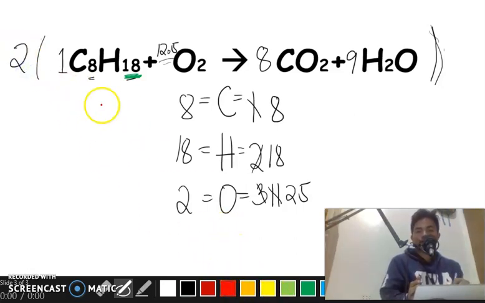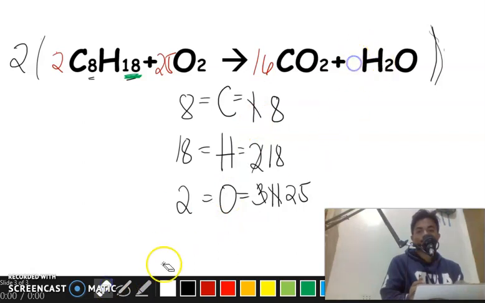Now what happens here is, instead of using 1, you're going to have 2. Instead of using 12.5, you're going to have 25. Instead of using 8, you will have 16.